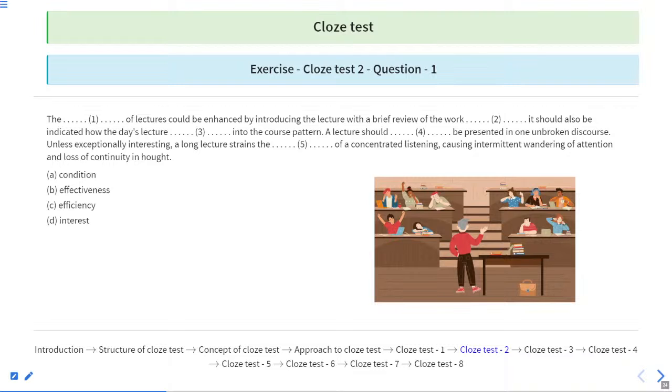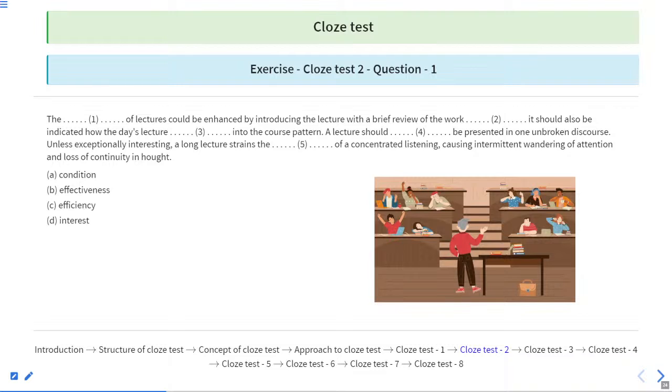It should also be indicated how the day's lecture dash into the course pattern. A lecture should dash be presented in one unbroken discourse. Unless exceptionally interesting, a long lecture strains the dash of a concentrated listening, causing intermittent wandering of attention and loss of continuity in thought.